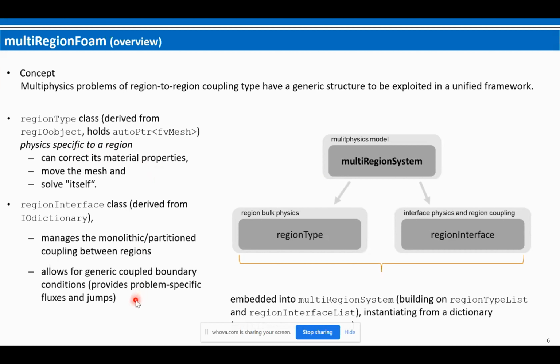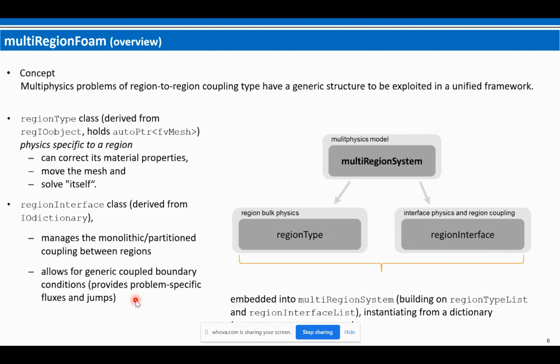Generic in the sense that it implements, for example, a flux or jump, but does not know the physics behind it. Is that jump coming from species concentration or from a pressure jump at a capillary interface?